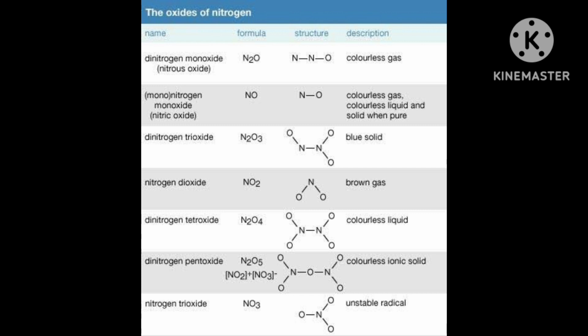Now again you have to maintain the octet. If you count, it will be completed. First you can count the first N and O bond; a total of 3 bonds is there. Then 2 oxygens got double bond, and 1 single bond. The first oxygen double bond means 4 electrons, and 2 lone pairs are there, so the octet is complete: 4 plus 4, 8.